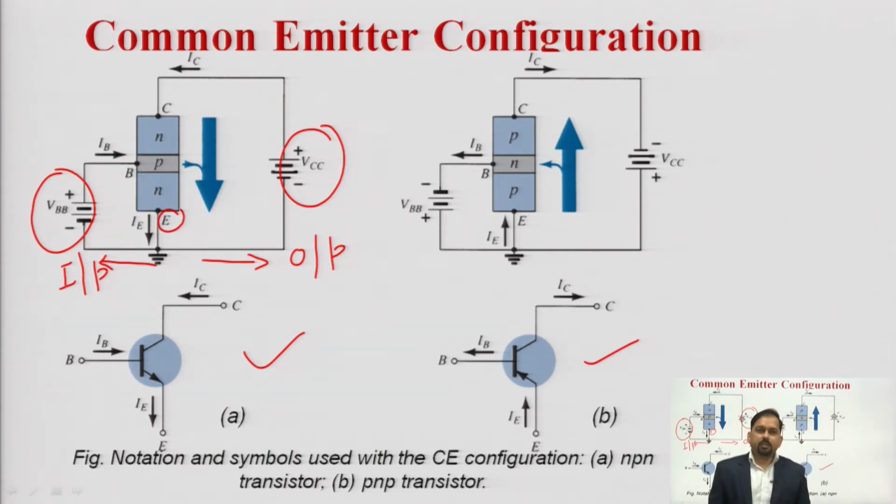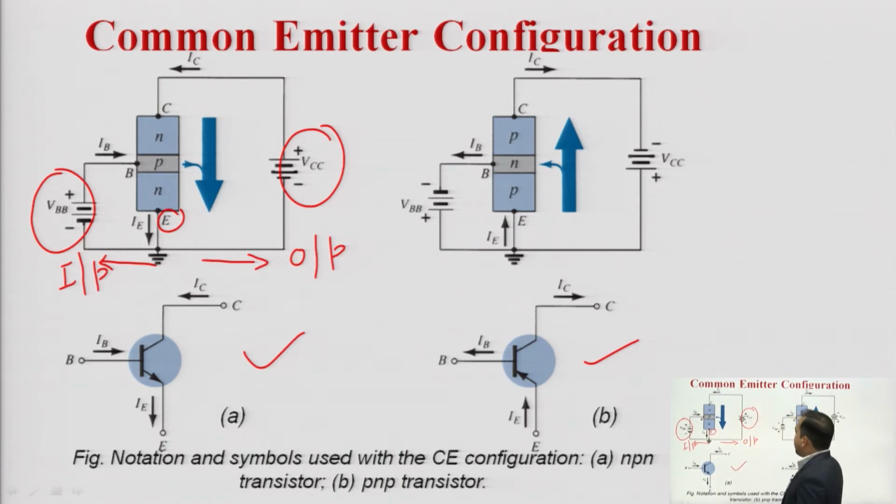So, corresponding to this configuration, we want to study the characteristics of the common emitter configuration. First we need to look at what variables contribute towards the input characteristics of this particular transistor.